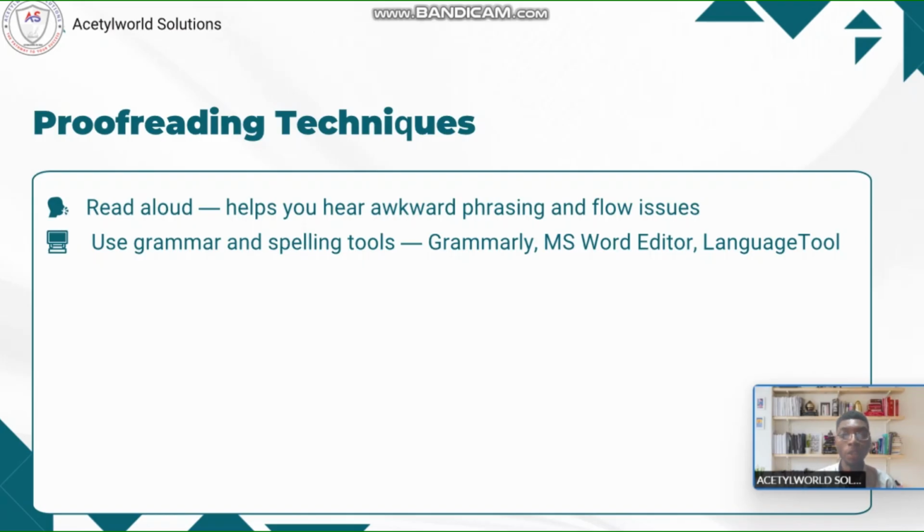Another thing is you can make use of the MS Word editor. If you are writing on a system or on a phone using MS Word or Microsoft Office, there is always an editor that comes with it, so that when you write any text that is not English or is grammatically wrong, it will underline it with red, blue, and so on, as a pointer that you need to check this.